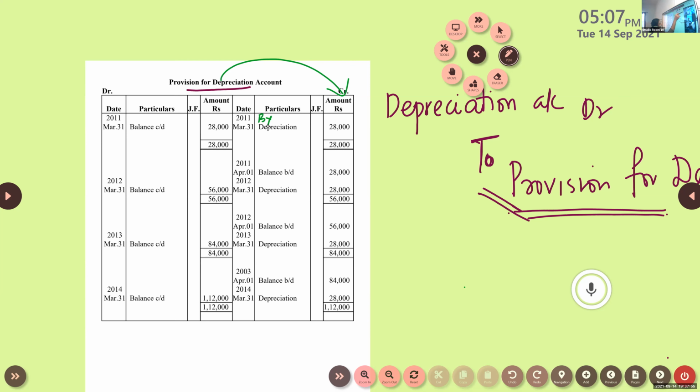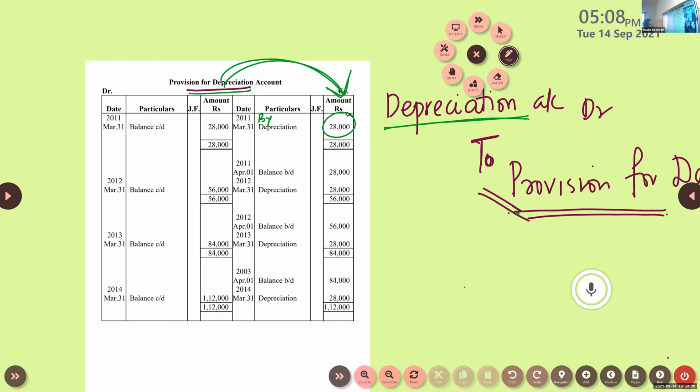Depreciation account debtor to provision for depreciation. Provision for depreciation account is credited. Come to the credit side of provision for depreciation. Whatever is there on the top, you will write here. By depreciation 28,000.